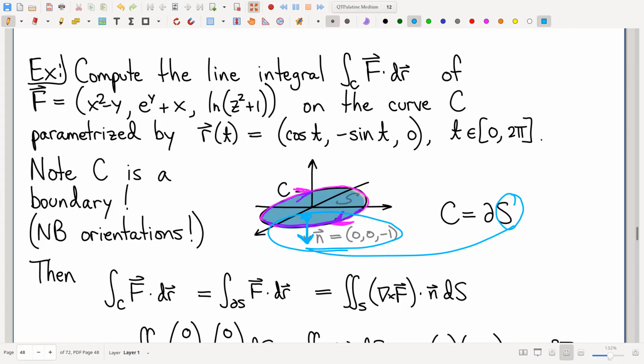So the first thing you should do is draw the curve, and once you see what this curve looks like, you ask yourself, can I think of some surface? And you just have to use your geometric intuition to think, that purple curve there is kind of the edge of this disc. And then all you have to do is think orientations, which way does it go? And just play the game. Is that satisfying? Okay.